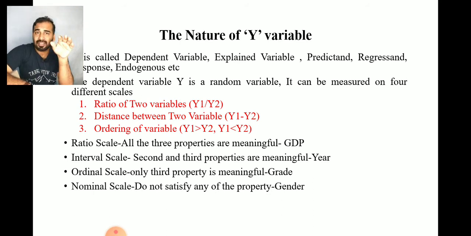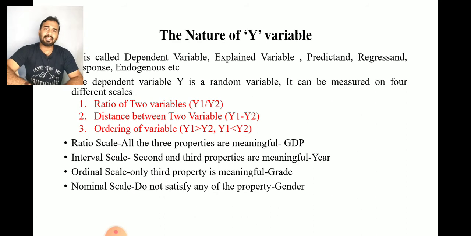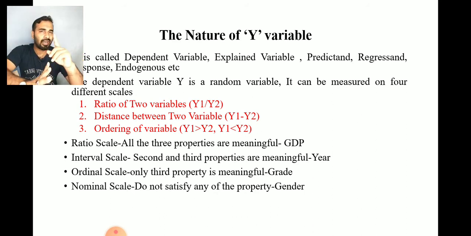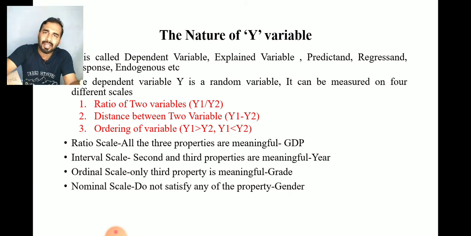What is that? Malappuram district 30 degrees Celsius, Calicut 29 degrees Celsius. What does it mean? Malappuram is hotter than Calicut by 1 degree Celsius. It is meaningful. Okay, then 2020 minus 2019 is 1 year. The duration between 2020 and 2019 is 1 year. You will get a meaningful idea.